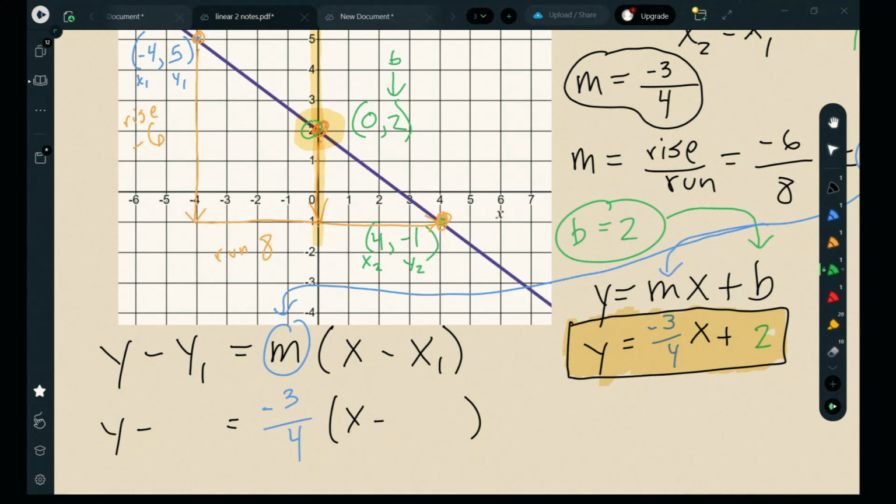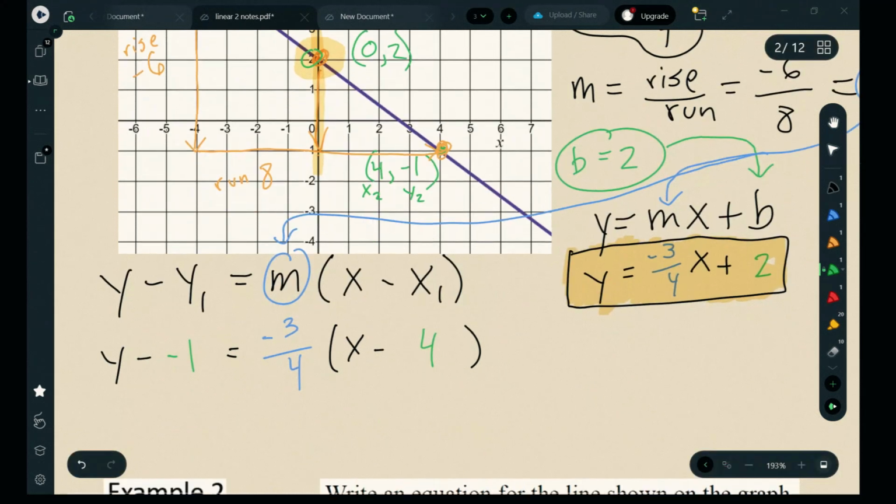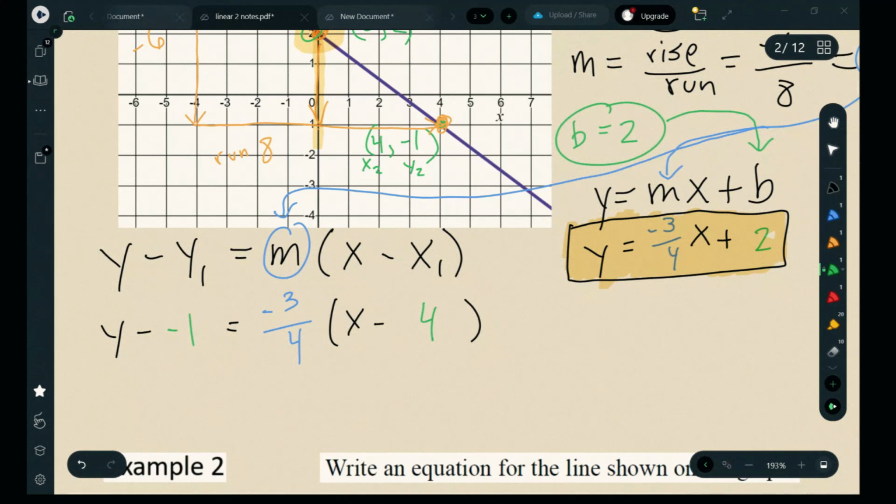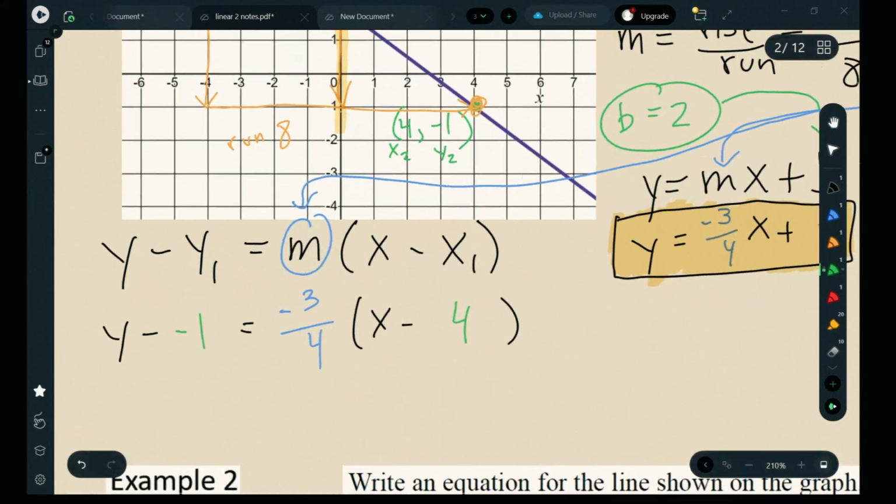So let's do this here. We plug the x value in here for x1, so that's going to be a 4. Plug the y value in over here, and that's a negative 1. And there it is. This is an equation of this line in point slope form.